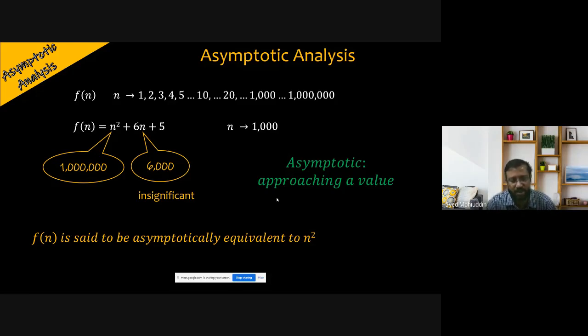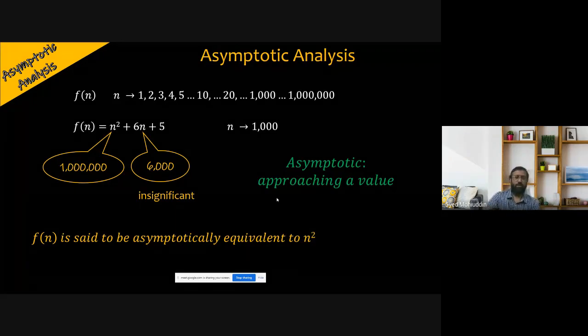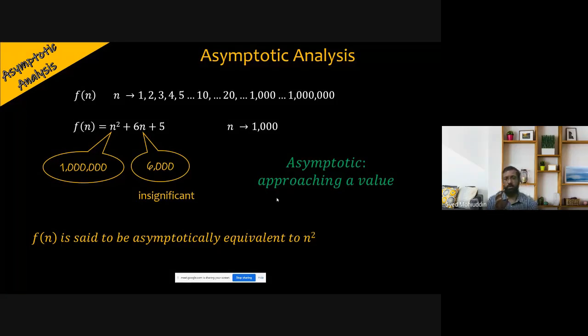But we say that f of n is asymptotically equivalent to n square. So asymptotic means approaching a value. Now, once you have this clear, then we can move forward. So always remember that we are bothered only about higher values of n, not with respect to smaller values of n.